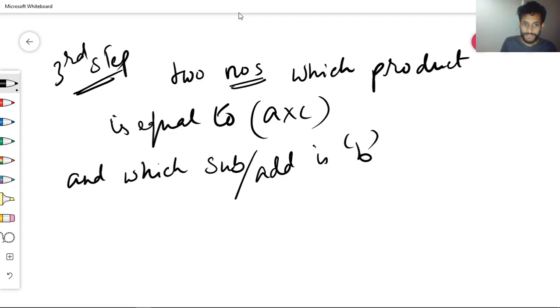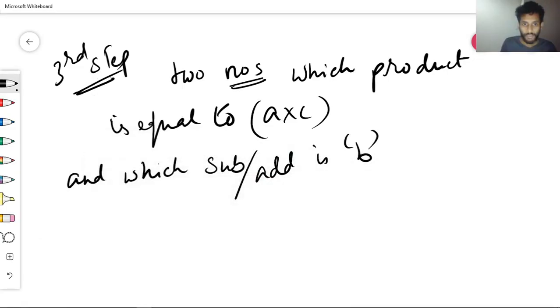What I mean by this is, if you multiply the two numbers, the product should be a into c, and the subtraction or addition is b.